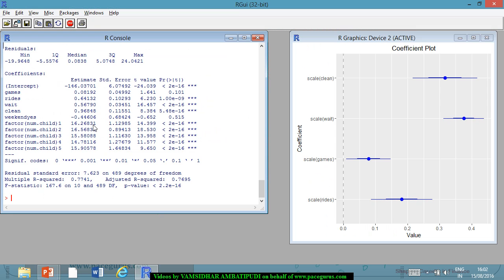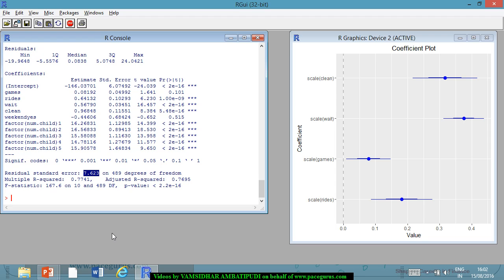And overall now if you look at the R squared, it has become 77%, which is a big improvement. Even the adjusted R squared became 76.95%. So now if I want to go ahead and typically do the prediction, this would be a much more appropriate model. You could look at the residual standard error now. It's only 7.633, whereas earlier it was in the range of 10.59.